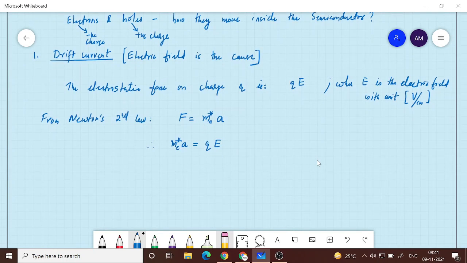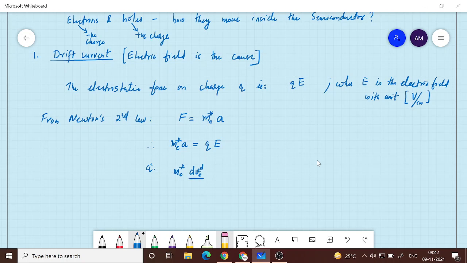Now, acceleration is the rate of change of velocity. So you can write this as m star e times d v of electron. This velocity is also called the drift velocity, so I will use another subscript to say that this is not the normal velocity but the drift velocity.